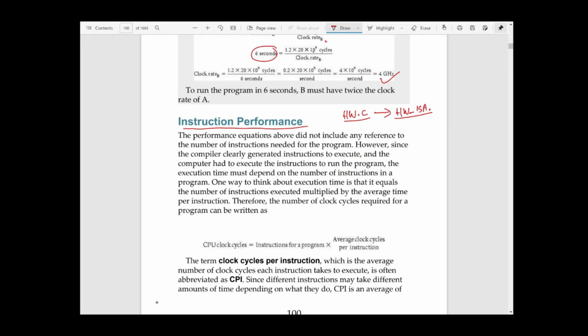So every program that you have written, after compiling it, becomes a sequence of instructions, with a total number of instructions. When you execute the program in a computer, a finite number of instructions is executed each time. It's not that the total number of instructions available will be executed every time.